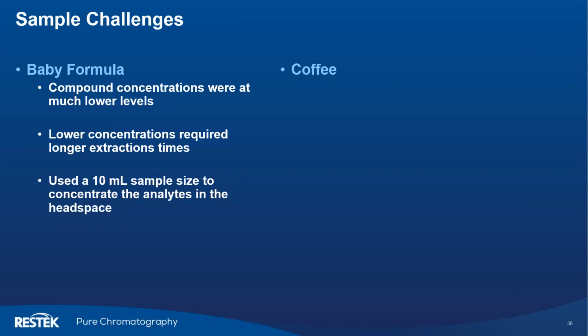And also because of those lower concentrations within the sample, we had to use a 10 mL sample size, which also helped us concentrate the analytes in the headspace vial. I'll commonly use a 5 mL sample size, because we typically do have enough sensitivity, but to help concentrate the headspace and promote better extraction, we used a 10 mL sample size.